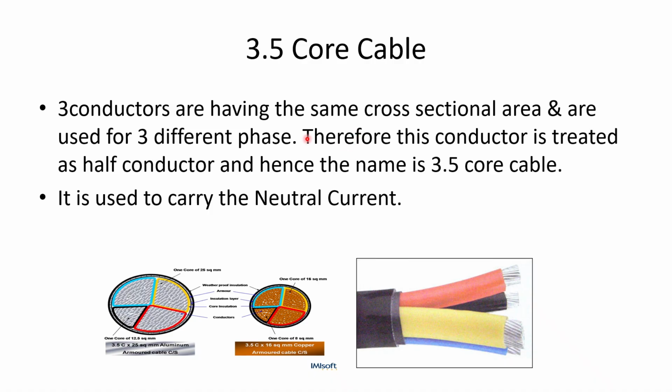Then they have one another conductor which is known as half conductor and hence the name 3.5 core cable. You can see here three equal and one, this which is shown as red here is half core.